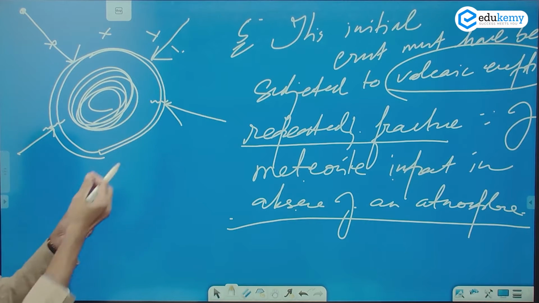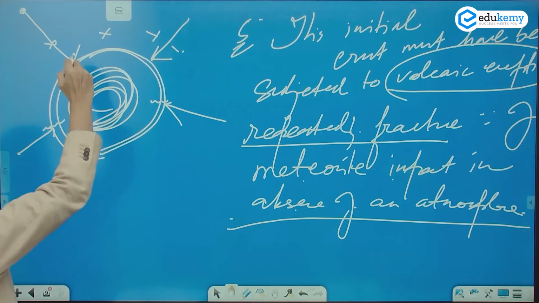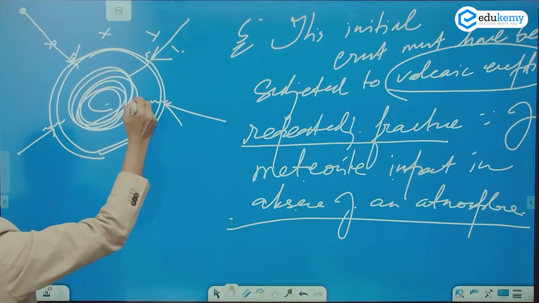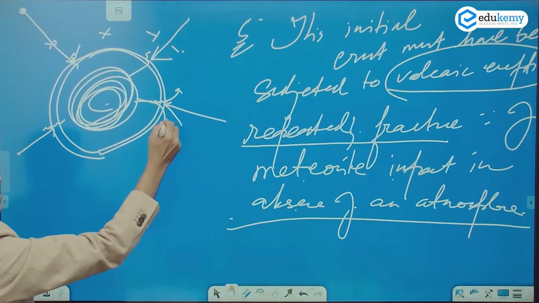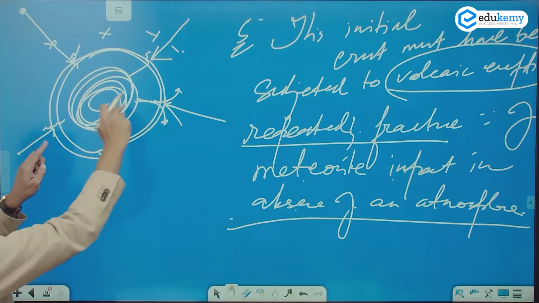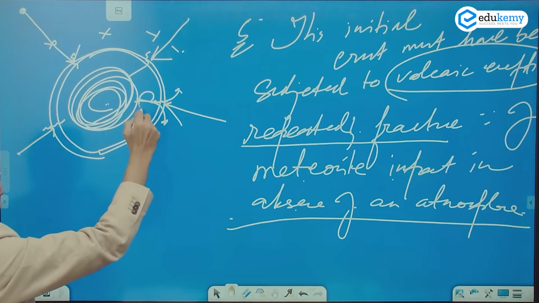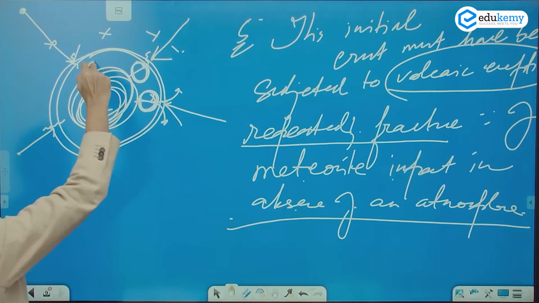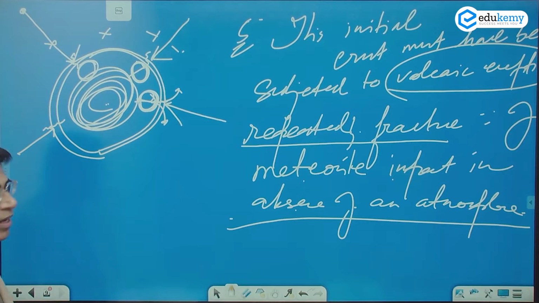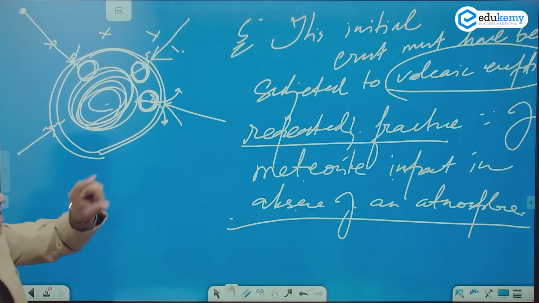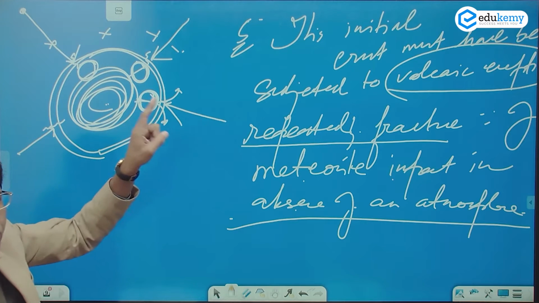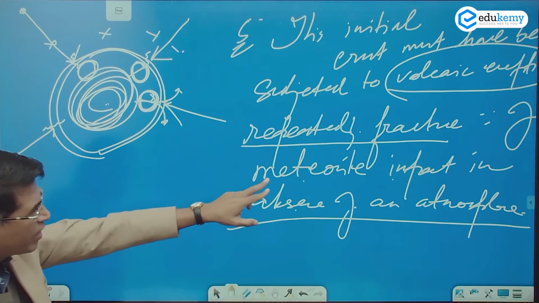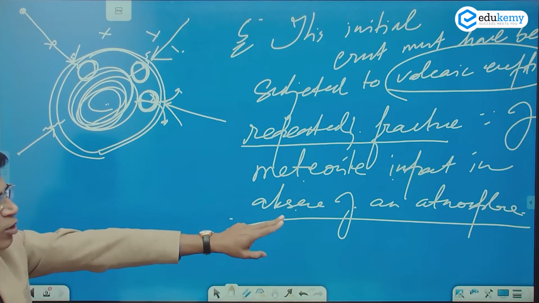For every crack, because it is hot inside, lava must have come out. This lava coming out will start off a series of convection cells. So this initial crust must have been subjected to volcanic eruptions and repeated fractures because of meteorite impact in the absence of an atmosphere.